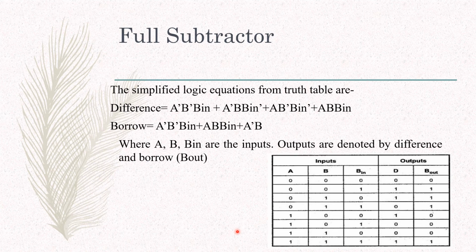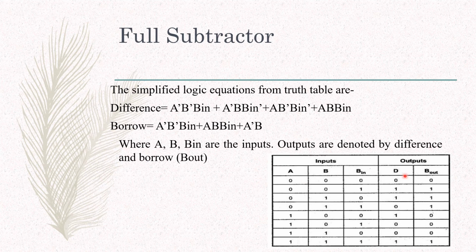A full subtractor is a combinational circuit that performs the subtraction between two bits. This is simply the subtraction between two bits, considering the borrow input from a lower significant stage. A full subtractor can also be implemented with two half subtractors and one OR gate, as we have seen in the logic diagram.